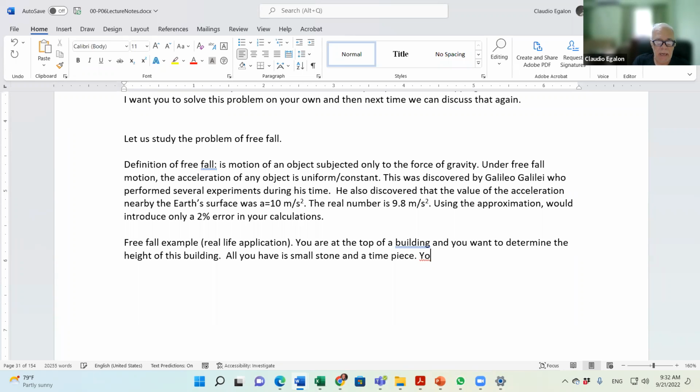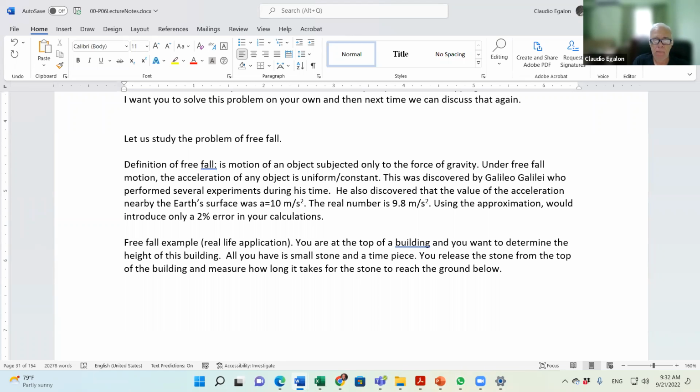You release the stone from the top of the building and measure how long it takes for the stone to reach the ground below.